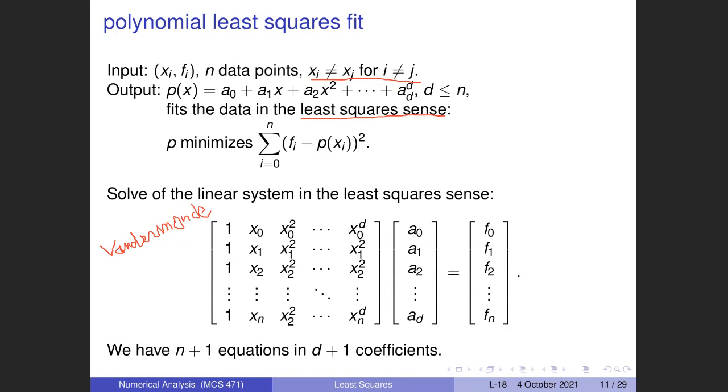For every data point we have one equation, and the number of coefficients is determined by the degree to which you approximate: you have d+1 coefficients.